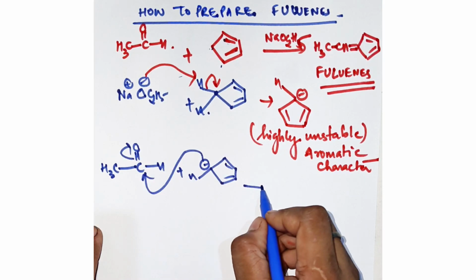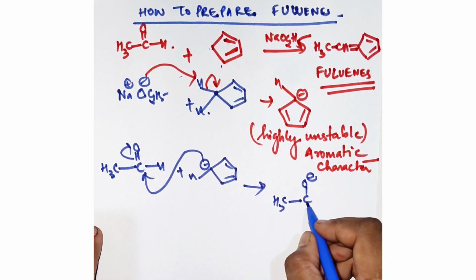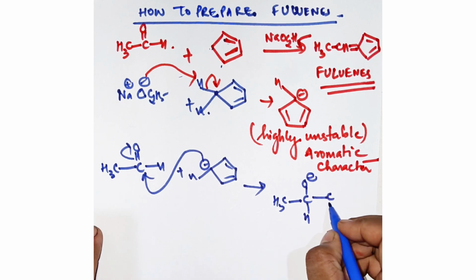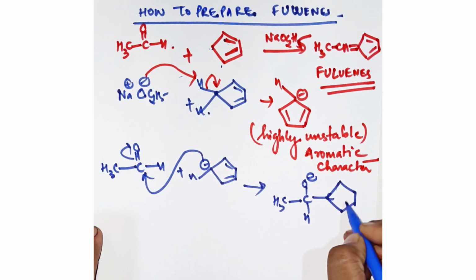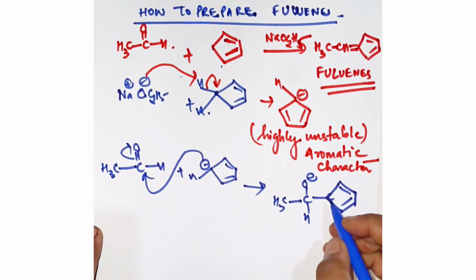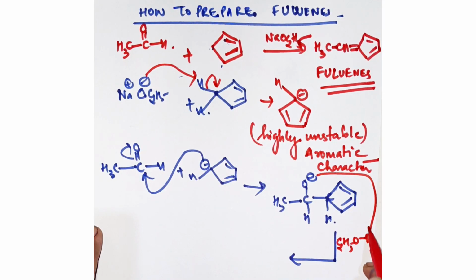Electron deficiency wherever it is, it will go and try to attack there. Follow from the previous structures. Okay, this is formed. So again, the base is there, in the intermediate C2H5O, here it is going to regenerate the base C2H5O minus, and it is going to form like this.